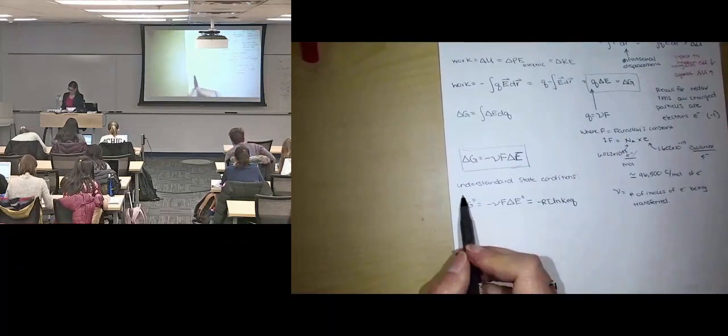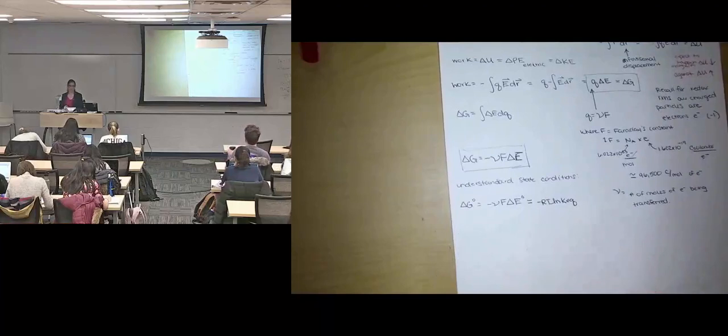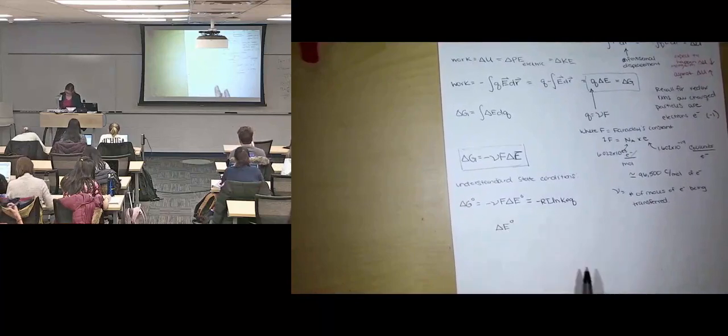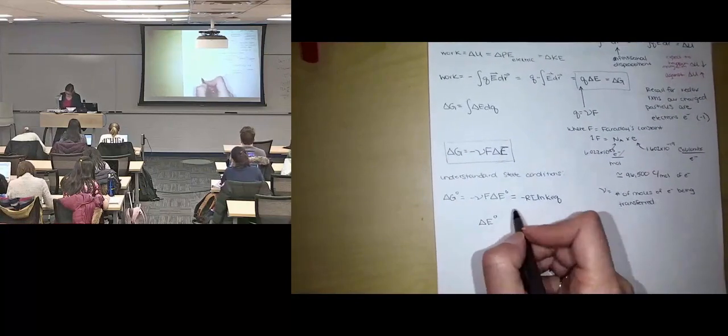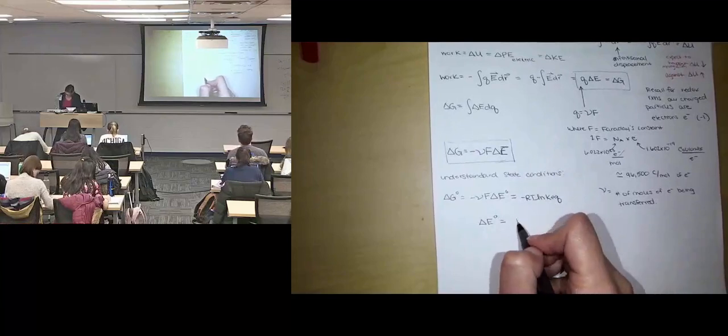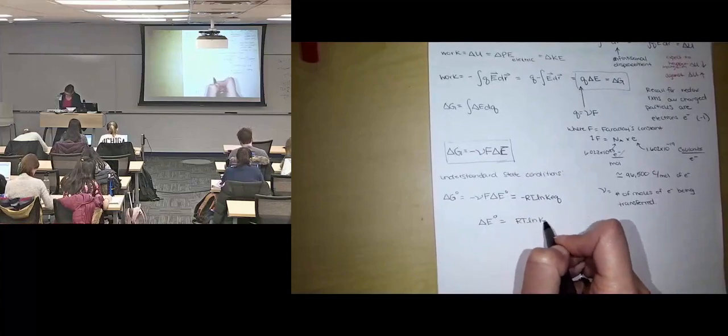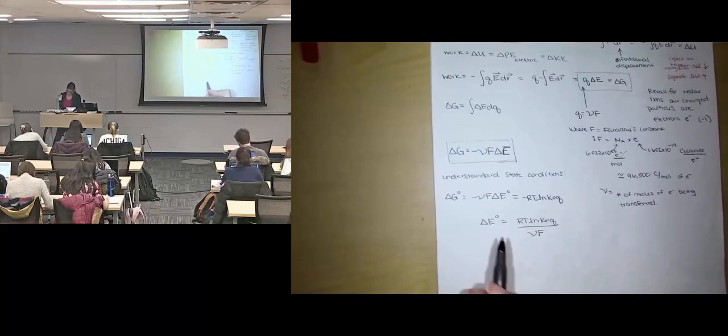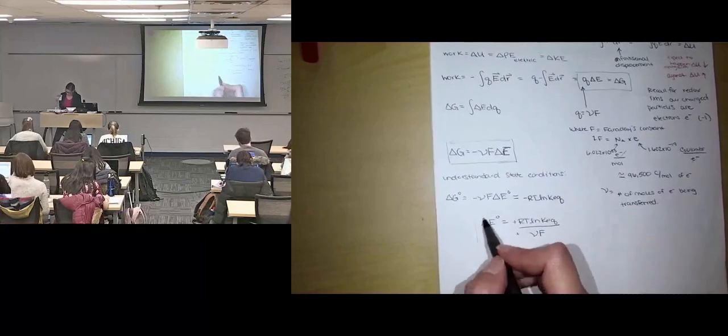And that's because we already established this piece being equal to this piece in chapter 10. And so I can rearrange this and say that the standard potential difference, or standard electrode potential, is given by RT natural log of K_eq, divided by nu F, and the negative signs have just become positive here.